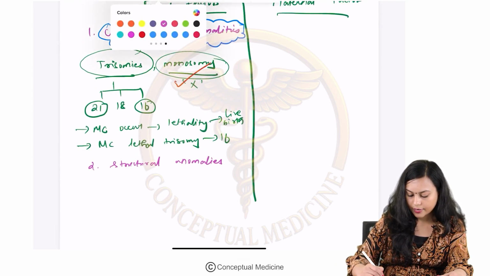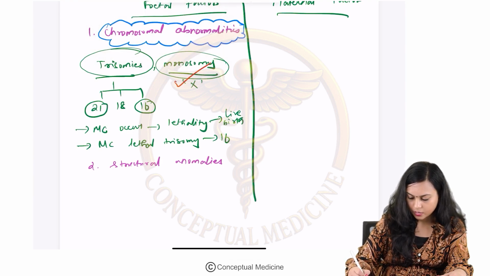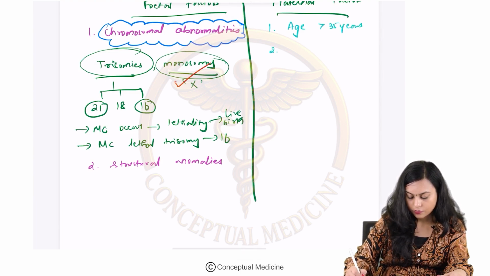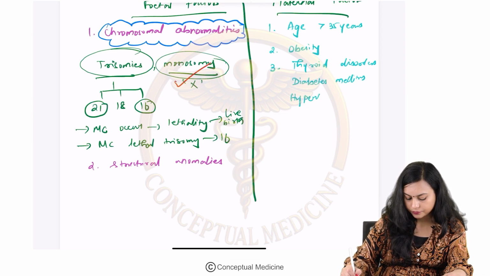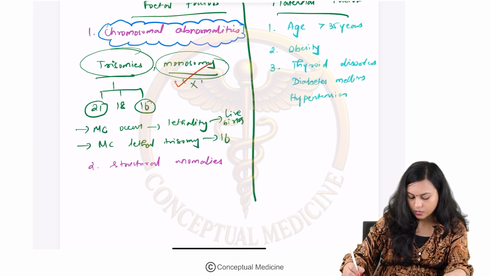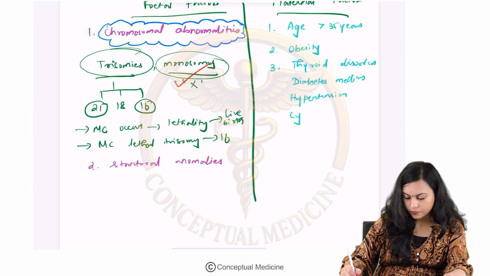Now we'll see some maternal factors. There are lots of maternal factors. When the maternal age is more than 35 years, or when she is an obese woman, or when she has any chronic ailments like thyroid disorders, diabetes mellitus, then hypertension. Also, there is an undiagnosed cyanotic congenital heart disease.